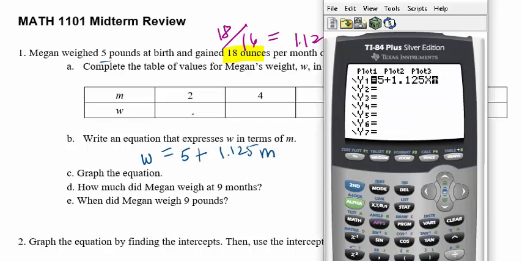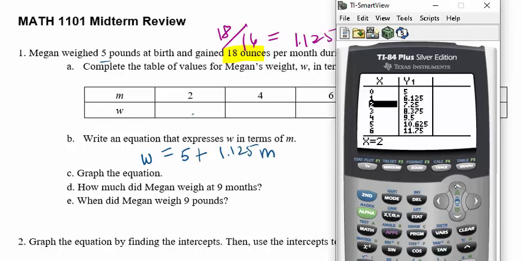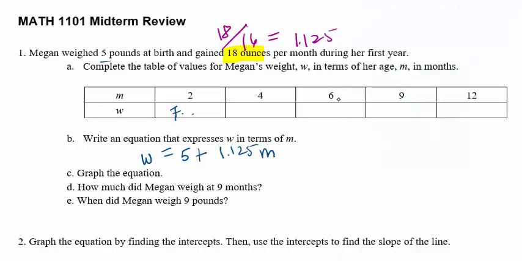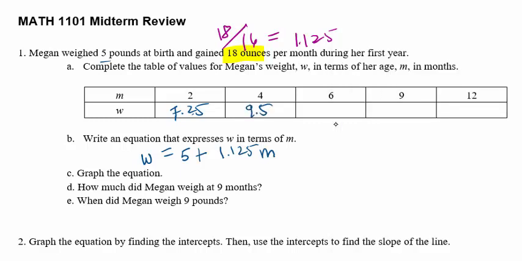And then if we look at the table under second graph, we can see all of these values that we're trying to write down. So after 2 months, her weight would be 7.25 pounds. After 4 months, 9.5, etc.